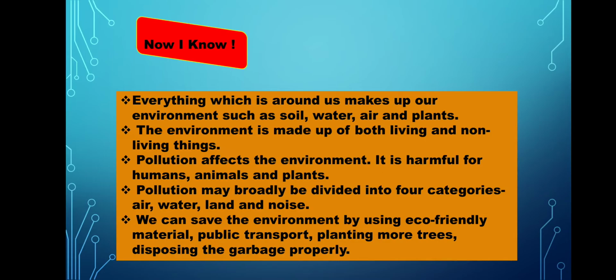It is harmful for humans, animals and plants. Pollution may broadly be divided into 4 categories: air, water, land and noise. We can save the environment by using eco-friendly material, public transport, planting more trees, disposing the garbage properly.